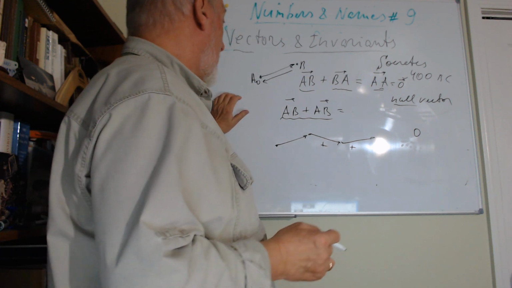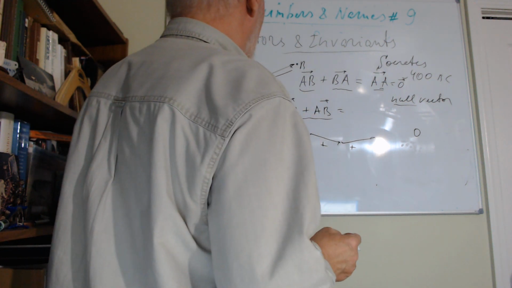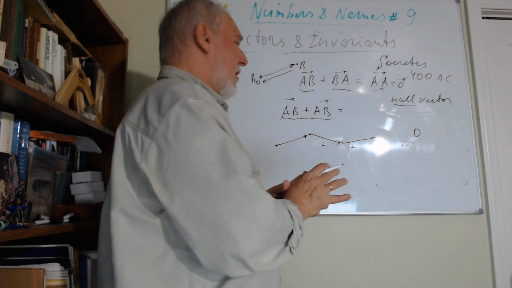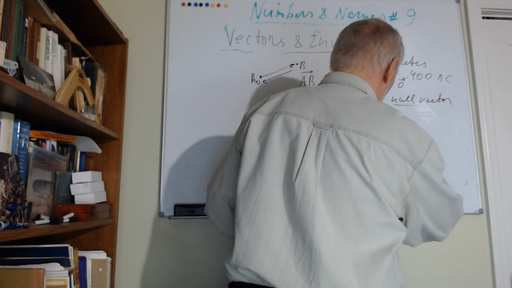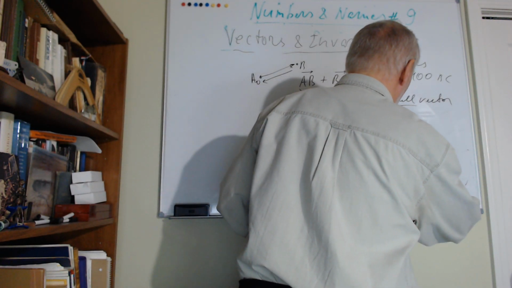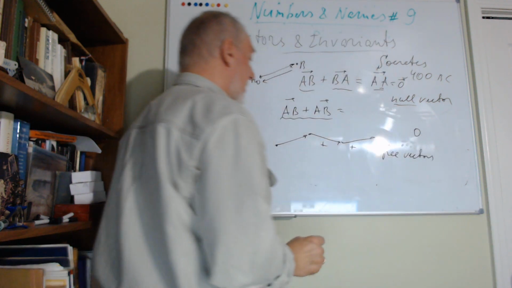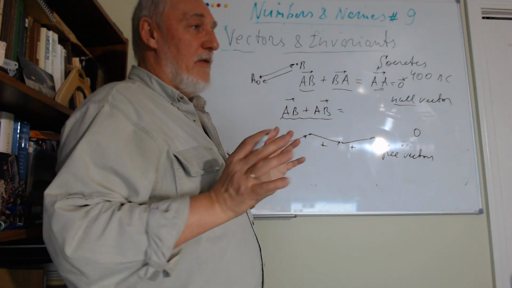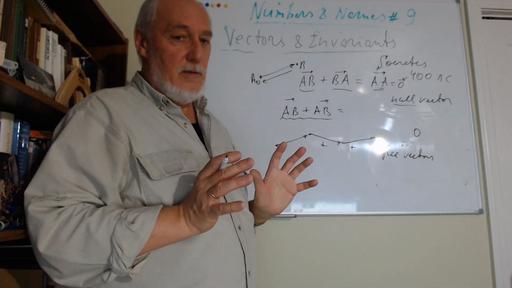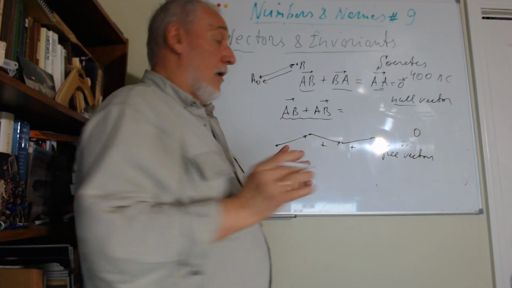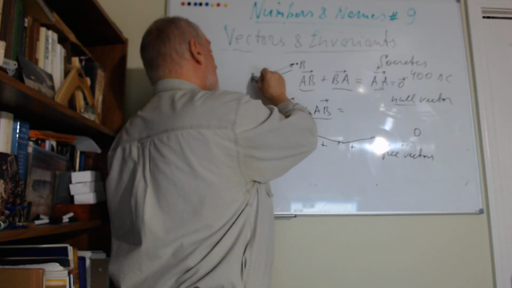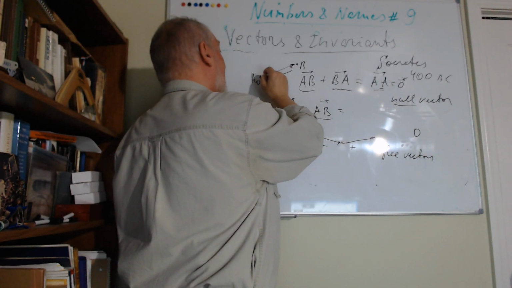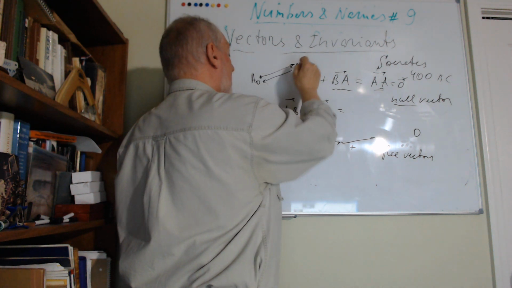So when people thought about this long enough, they came to the idea of free vectors. The vector can be moved, because remember, a vector is an invariant thing. It is like an object. It is not really connected with the beginning and the end.